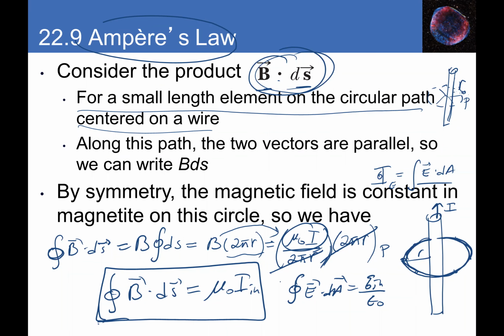So you can see they're very similar in format. I find some integral and relate it to the charges inside, which is usually the source. And here I find the integral around some circle, some path, and relate it to the source inside, which is the current in this case.